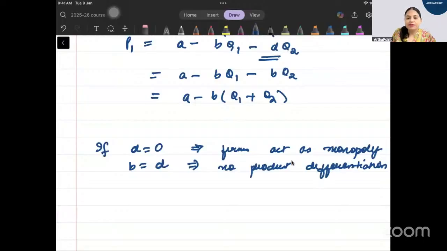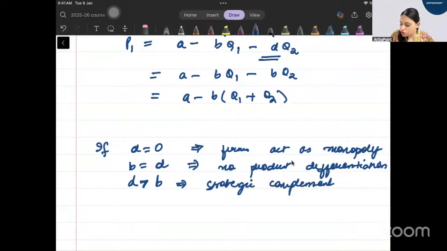These are the two important cases. And then what you can do is just as a passing note, you can write that if D is greater than B, it means that my price is more affected by your quantity. Then we say that products are strategic complements.